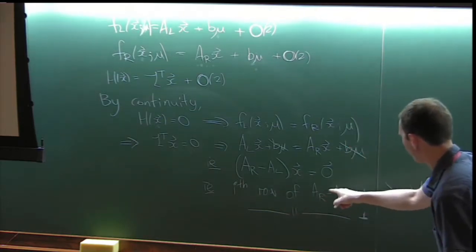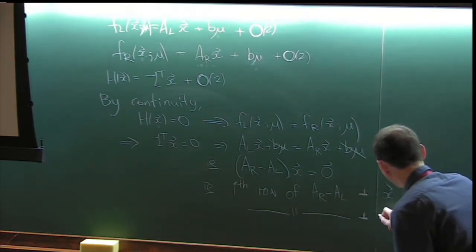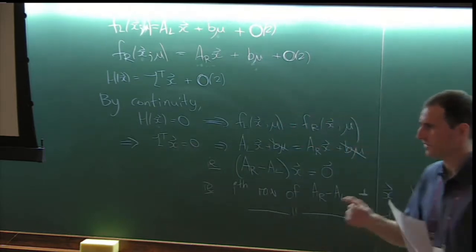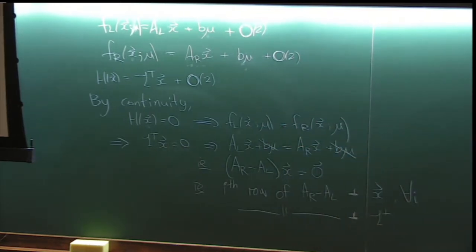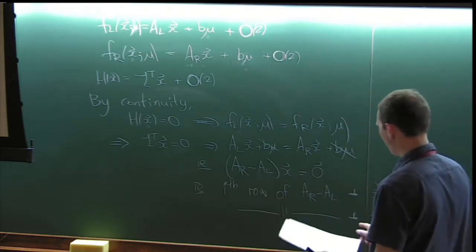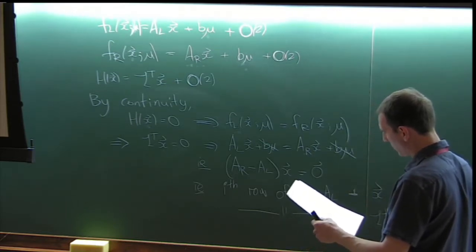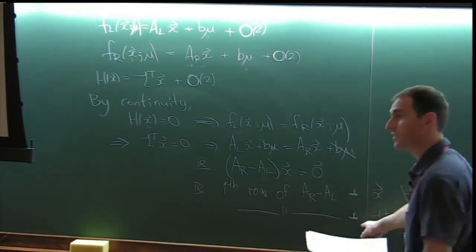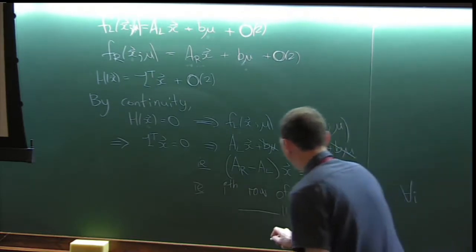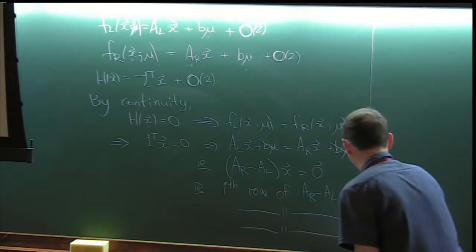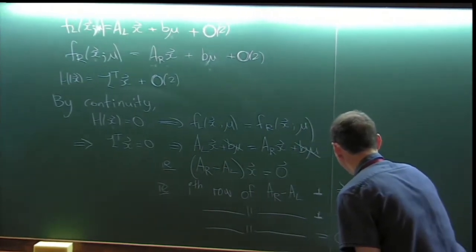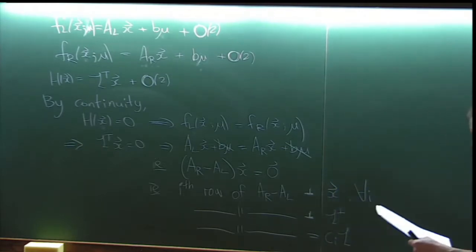The ith row of AR minus AL is orthogonal to the orthogonal complement of zeta. Once we've got to there, then we're good. So therefore, the ith row is a scalar multiple of zeta, equals some number ci times zeta.